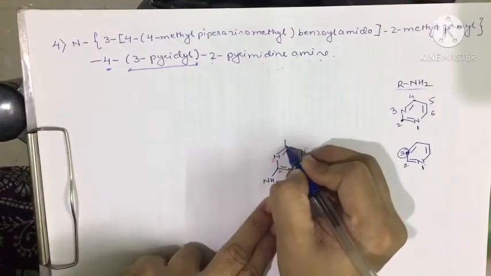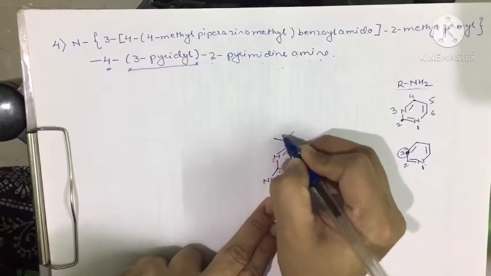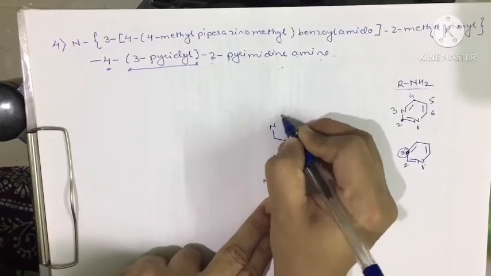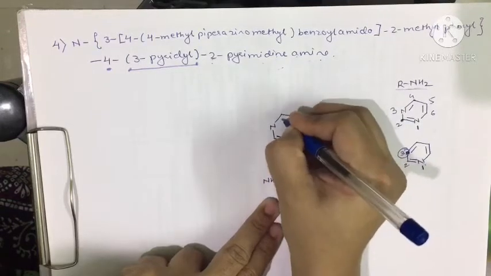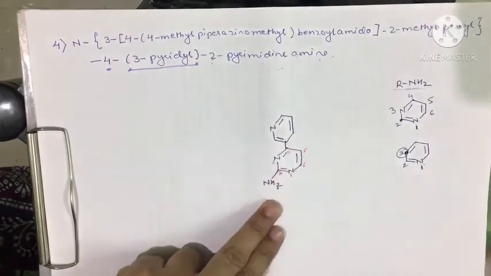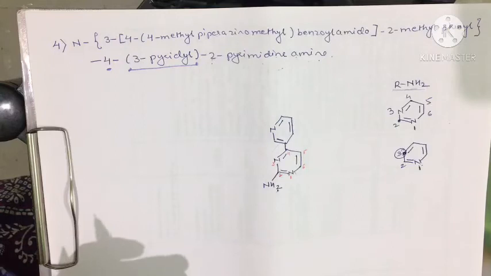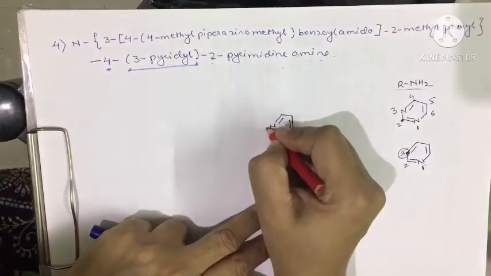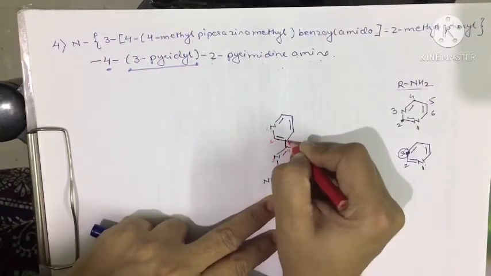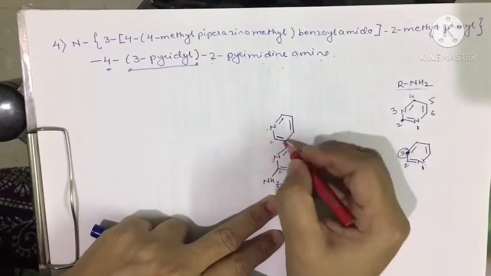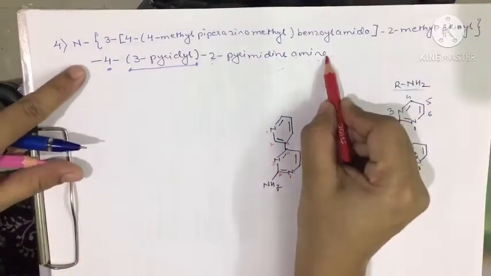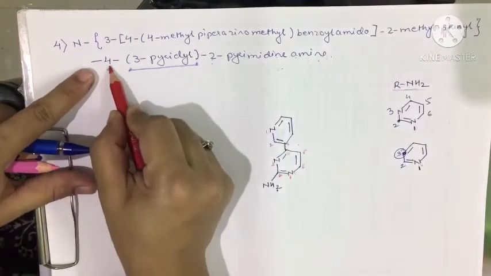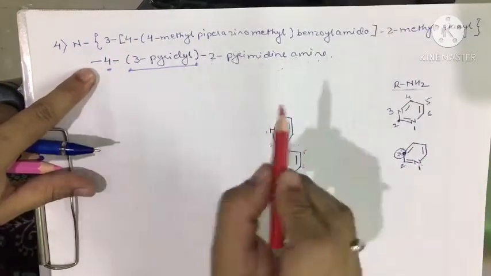So let us draw here and balance the valencies. Here you can see the 1st, 2nd and 3rd position of pyridine, which is attached to the nucleus. So this part we have done. Now the 4th position of pyrimidine we have done.